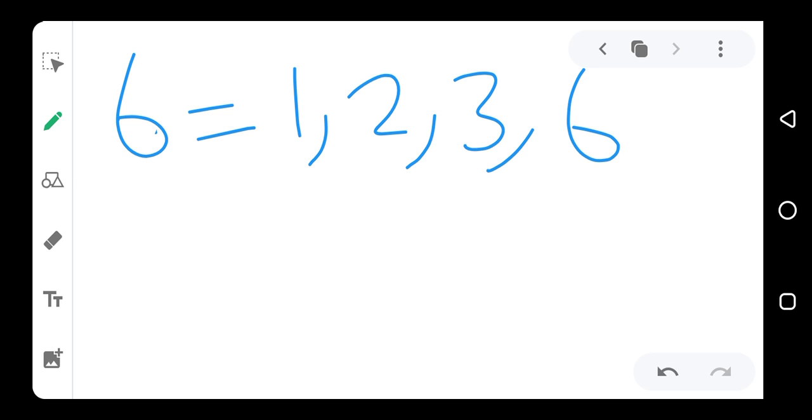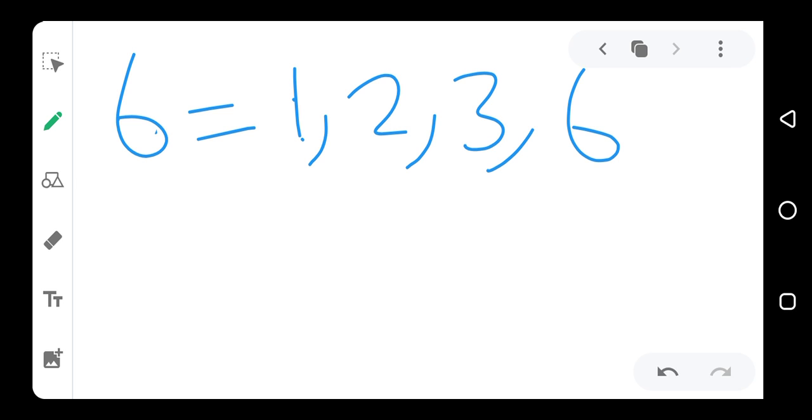So these are the factors of 6. Then among these factors, which of them can we multiply to give us 6, and when we add two of them, it will give us 7? That is b. If you say 1 times 6, it gives us 6. And 1 plus 6 will give us 7. So we are taking 1 and 6.